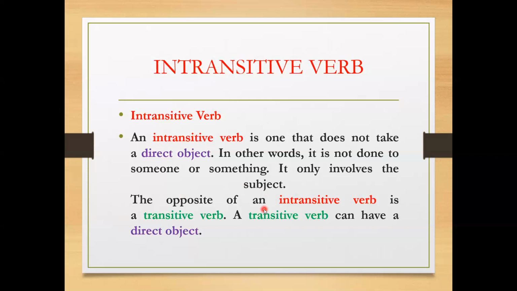The opposite of an intransitive verb is a transitive verb. A transitive verb can have a direct object, while an intransitive verb does not have a direct object.